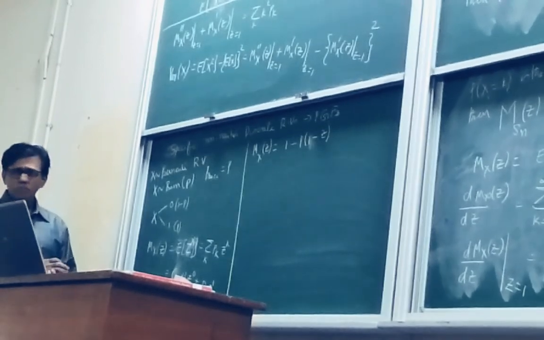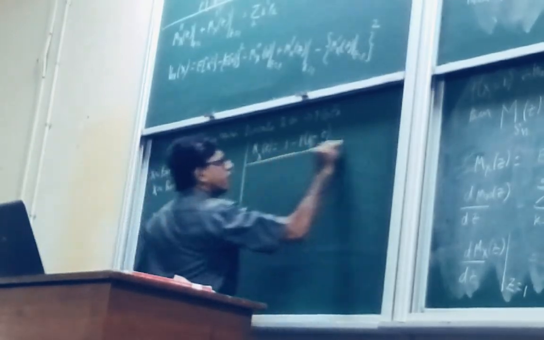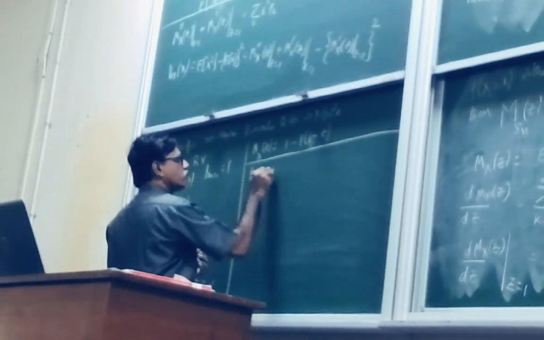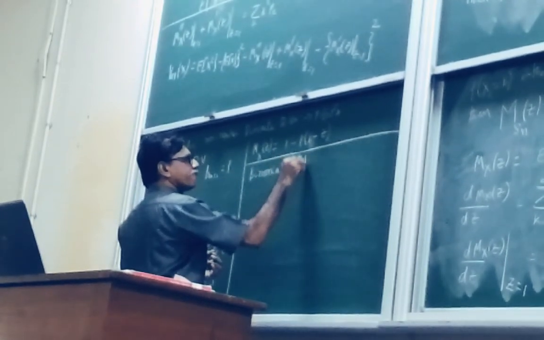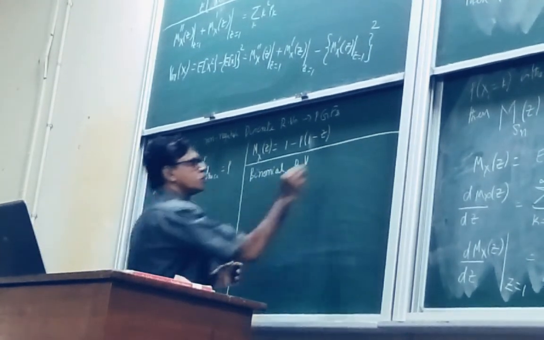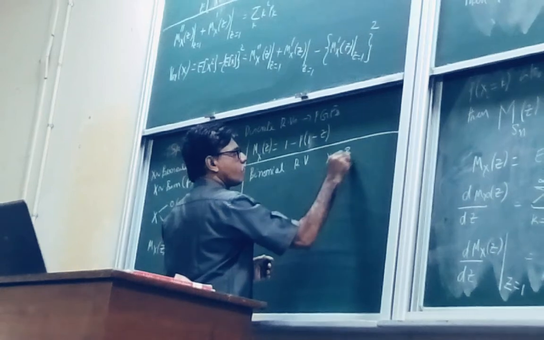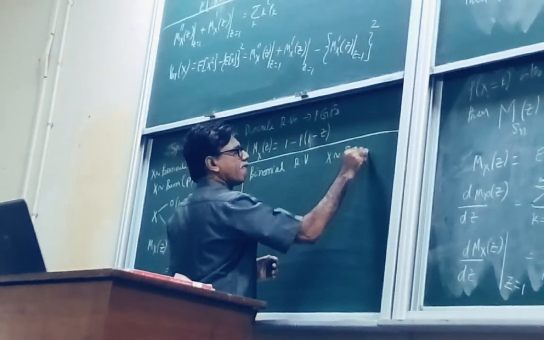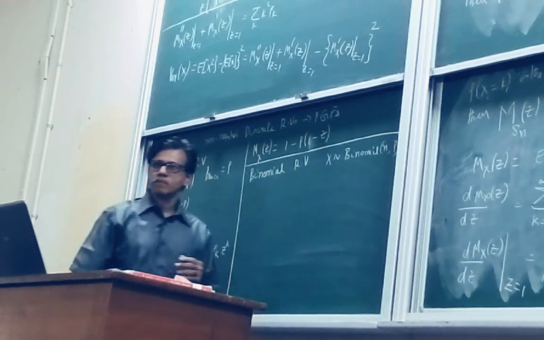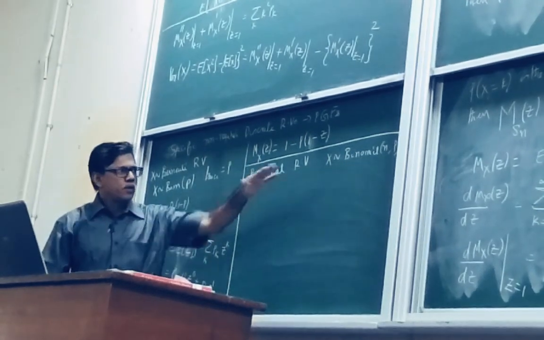Fine. Now, the next random variable is the binomial random variable. Let us say x is binomial with parameter n comma p. What do you mean?